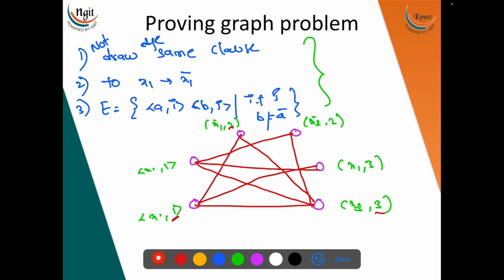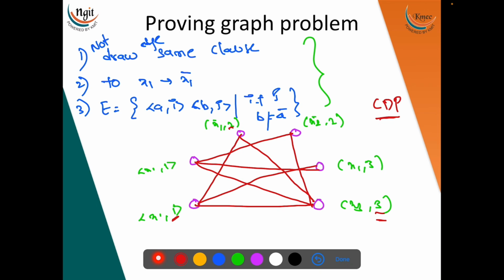Now the point is what? K is equal to 3, because we have taken 3 classes. If this is solved, then you can find the graph which is connected. What is CDP? We wanted to reduce this CDP problem. We wanted to show CDP is NP hard.